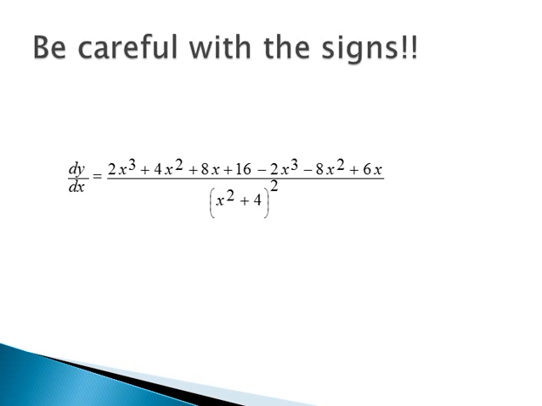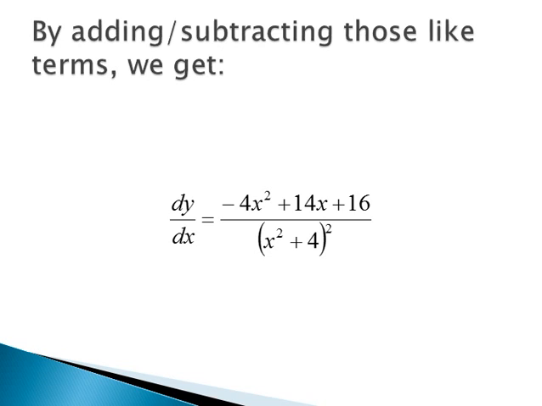Always be careful with the signs when multiplying, and that will leave us with dy/dx equals (2x cubed plus 4x squared plus 8x plus 16 minus 2x cubed minus 8x squared plus 6x) all over (x squared plus 4) all squared.